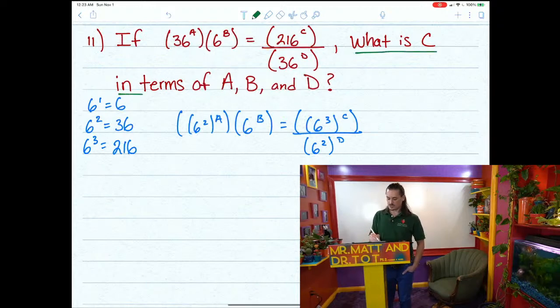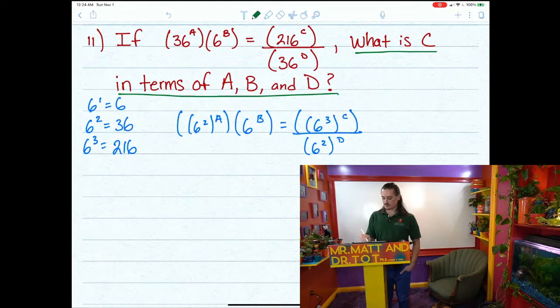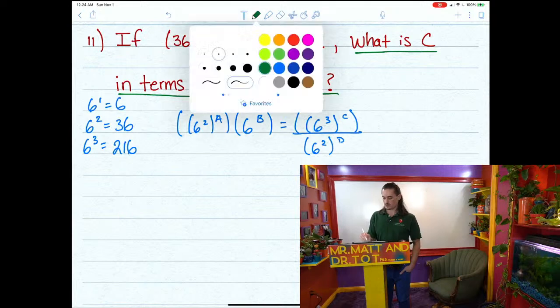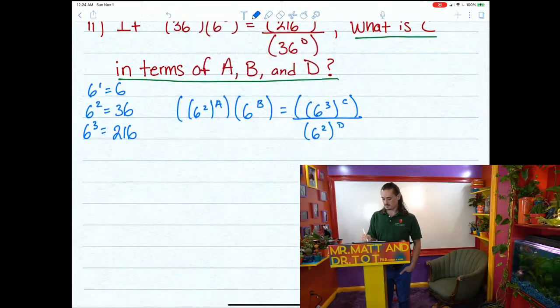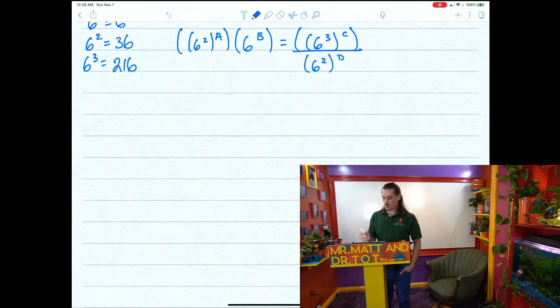So this is going to turn into 6 to the 2a power times 6 to the b power is going to be equal to 6 to the 3c power. We have a power of a power, so we can multiply. Quantity divided by 6 to the 2d power.